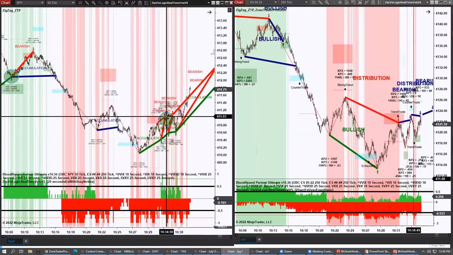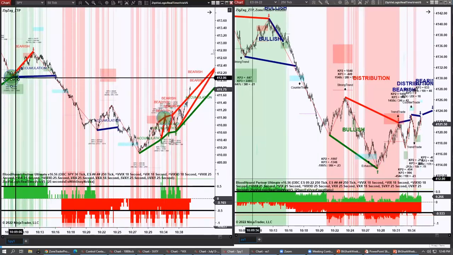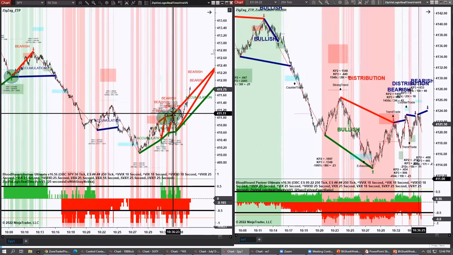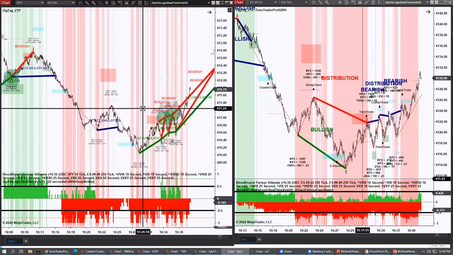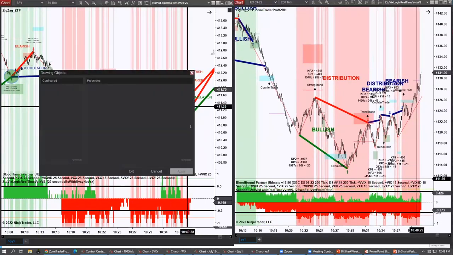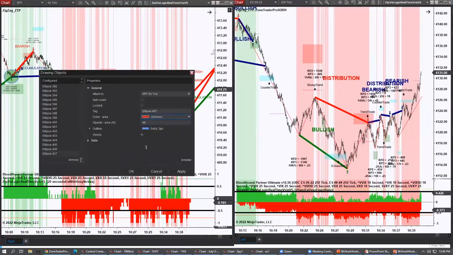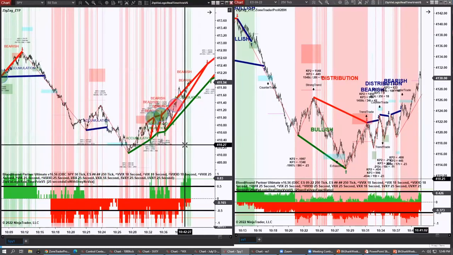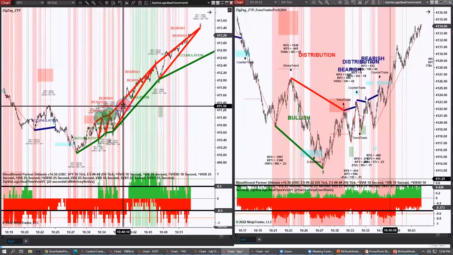We had trade right there, trade right there. We had a signal there that is going to take us for a loss because it's going to trade much higher right there.